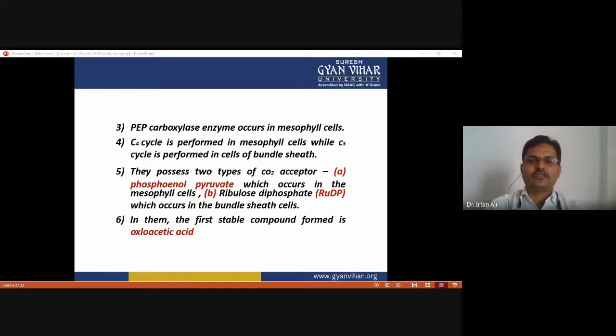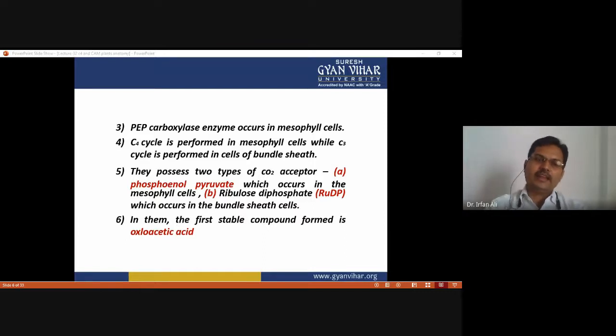So these are some of the differences between the C3 and C4 plant, and they possess two types of carbon dioxide acceptor. The first one is phosphoenol pyruvate, which occurs in the mesophyll cells, that is PEP. This PEP molecule, in the presence of phosphoenol pyruvate carboxylase, is able to fix carbon dioxide and form oxaloacetic acid.